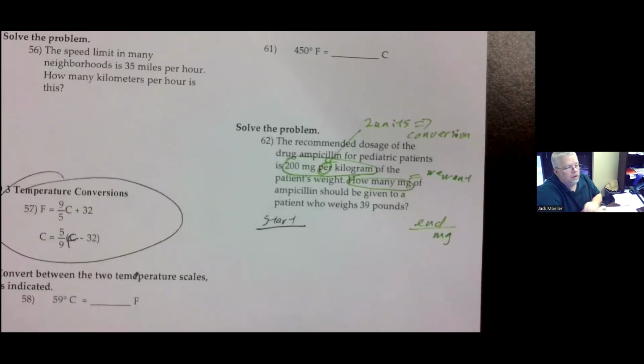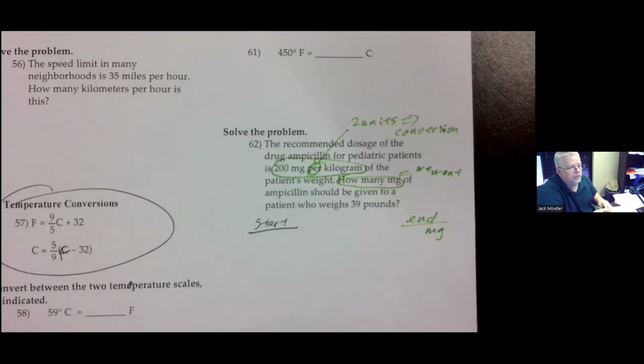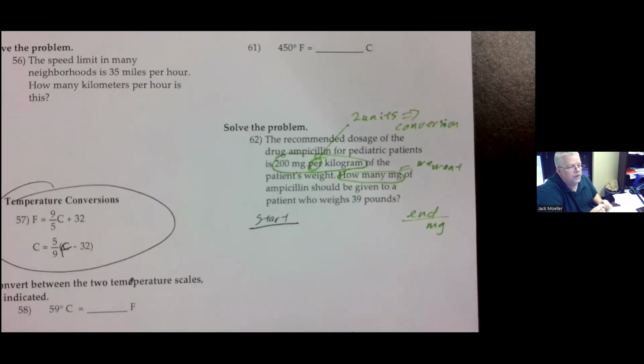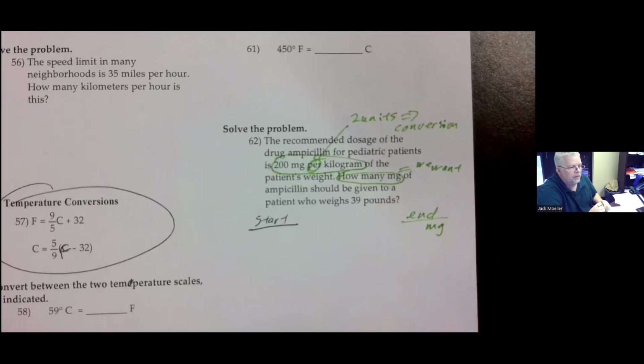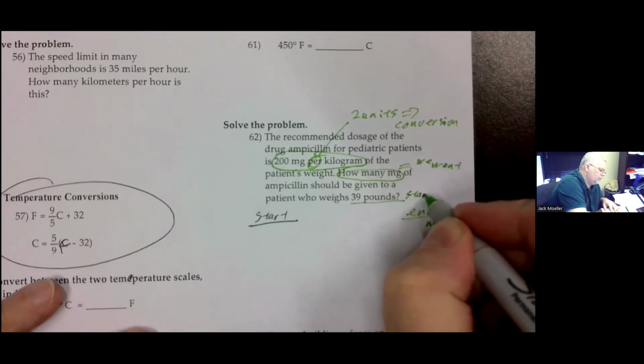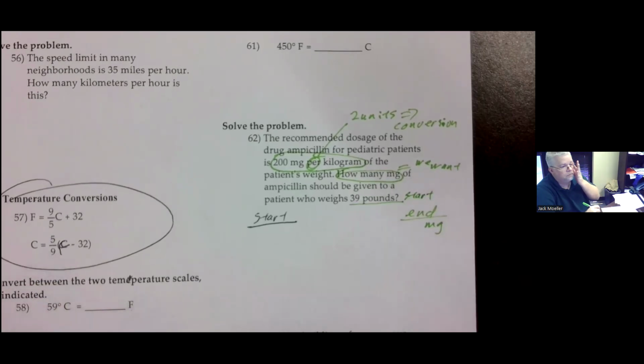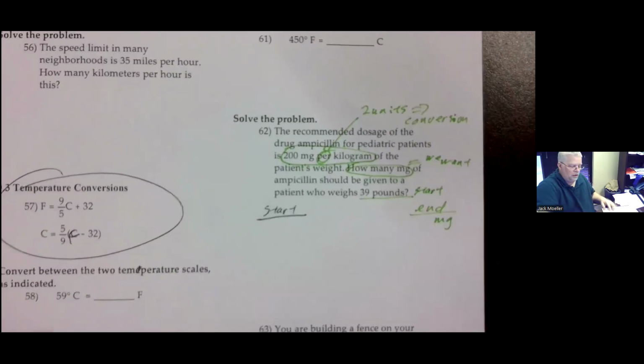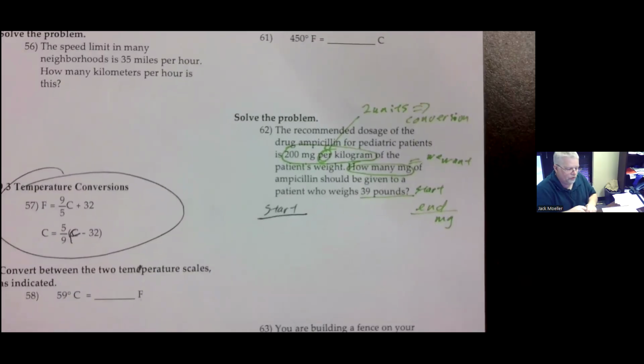And then, how many milligrams of ampicillin should be given to a patient who weighs 39 pounds? So that 39 pounds is what we're starting with. We're starting with the patient that weighs 39 pounds, and we need to figure out how many milligrams of medicine to give.